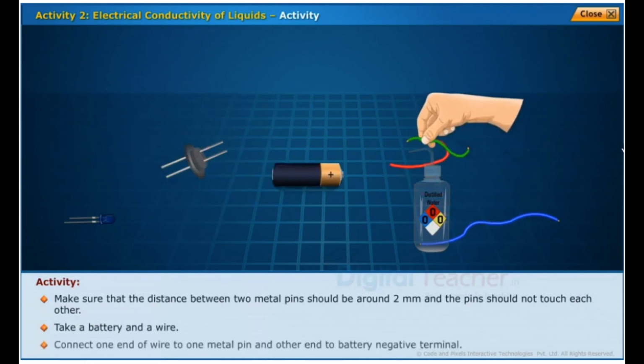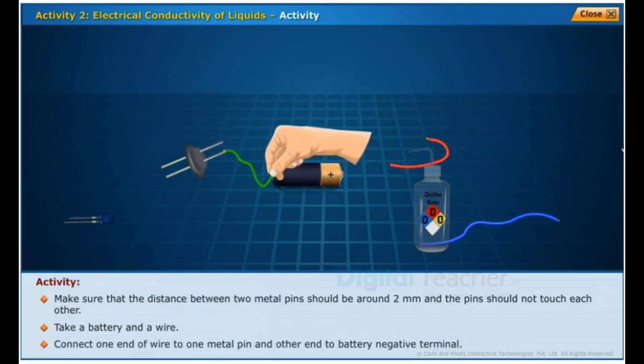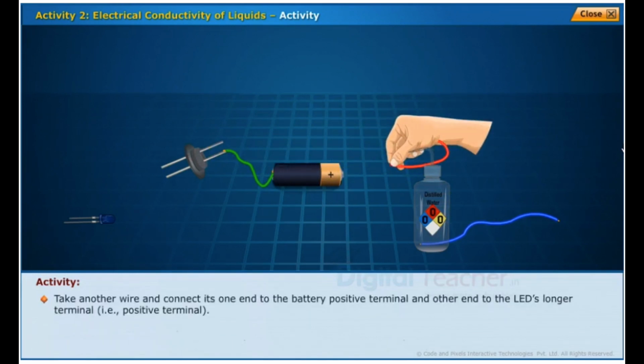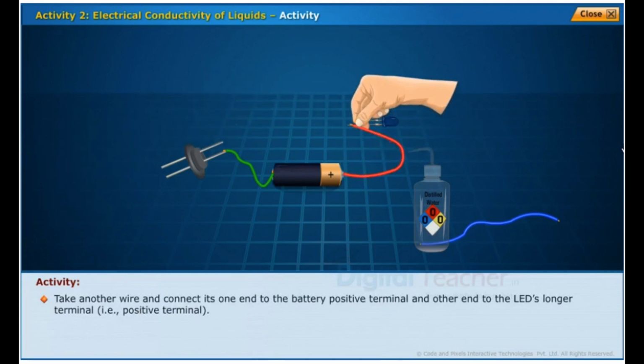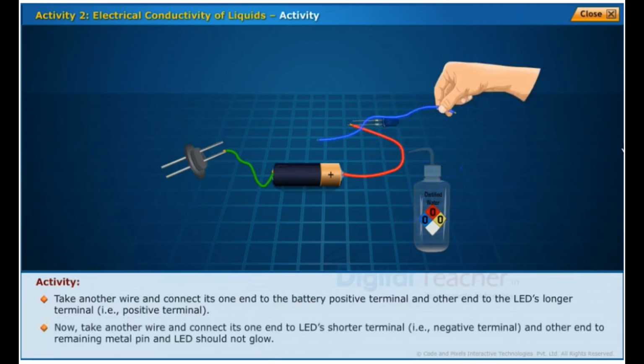Take a battery and a wire. Connect one end of wire to one metal pin and other end to battery negative terminal. Take another wire and connect its one end to the battery's positive terminal and other end to the LED's longer terminal, that is, the positive terminal.